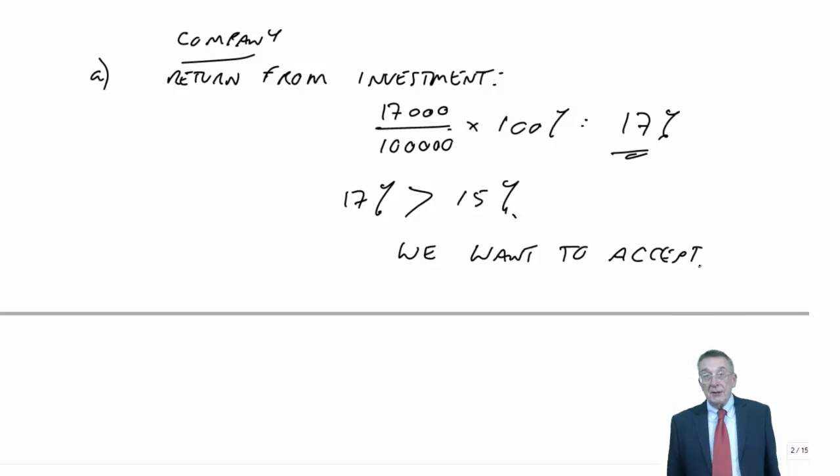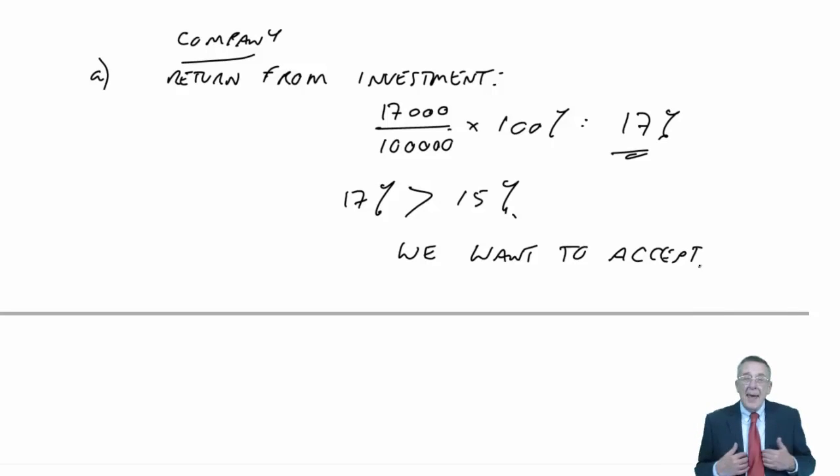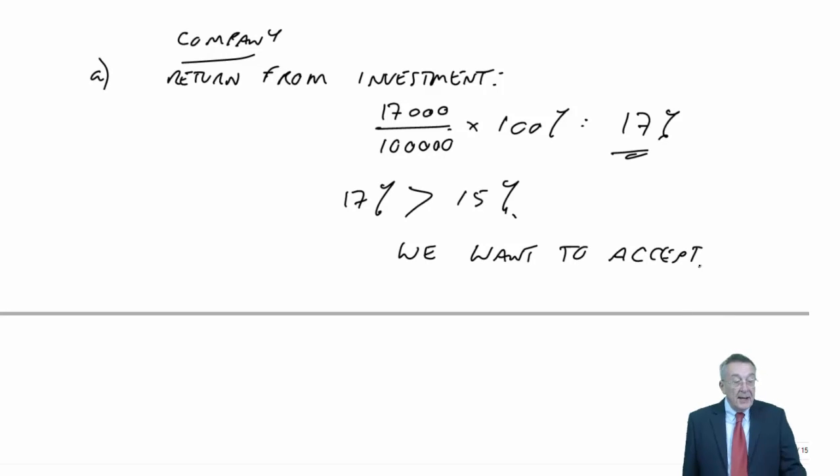However, we're divisionalised, so it's not me making the decision, it's the manager. Part B says calculate the ROI, return on investment, for the division, with and without the new investment, and determine what the manager will decide.